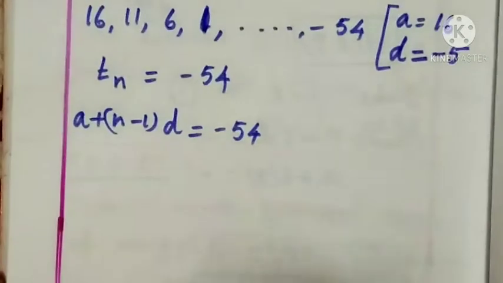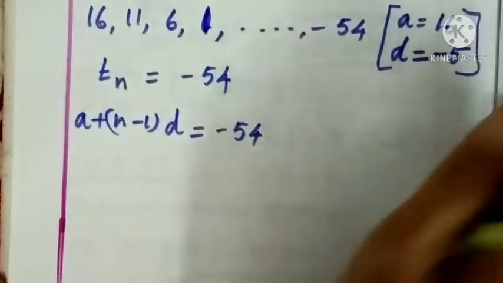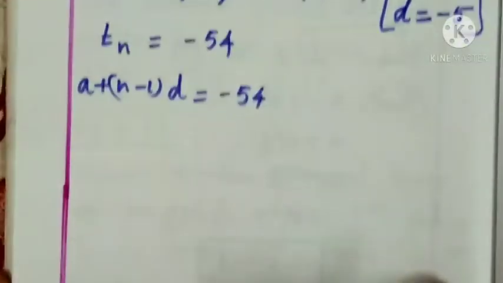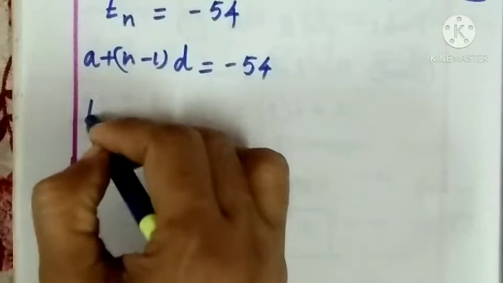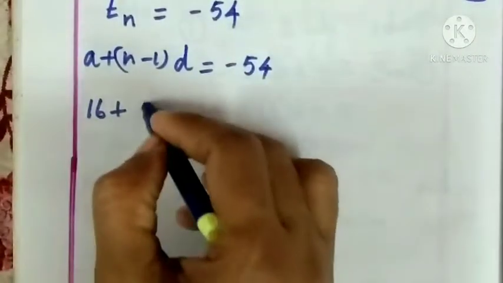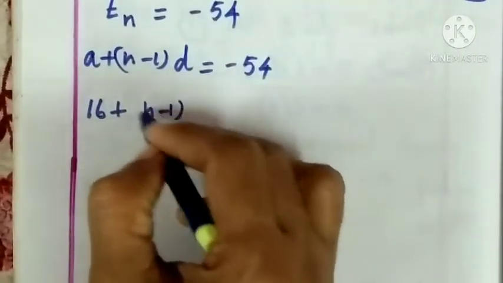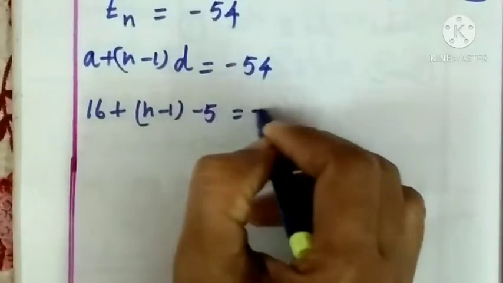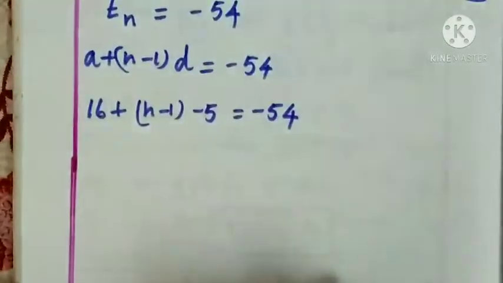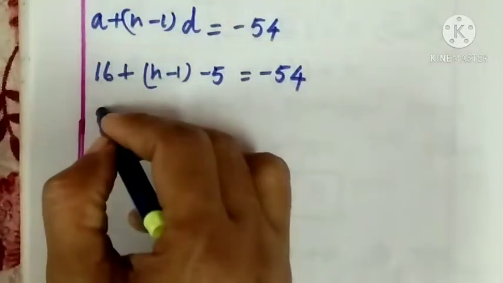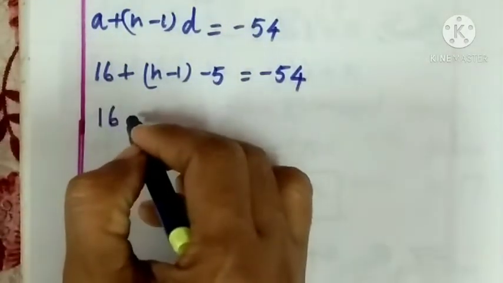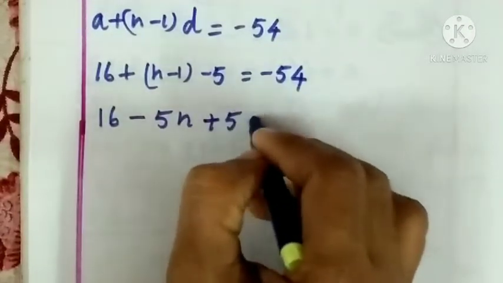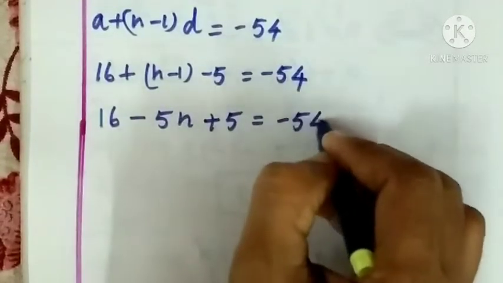Okay, now you have to apply these values in this formula, means we get the value of n. See, a value 16 plus n minus 1 into d value minus 5 is equal to minus 54. Now you have to simplify this, means we get 16 minus 5n plus 5 is equal to minus 54.